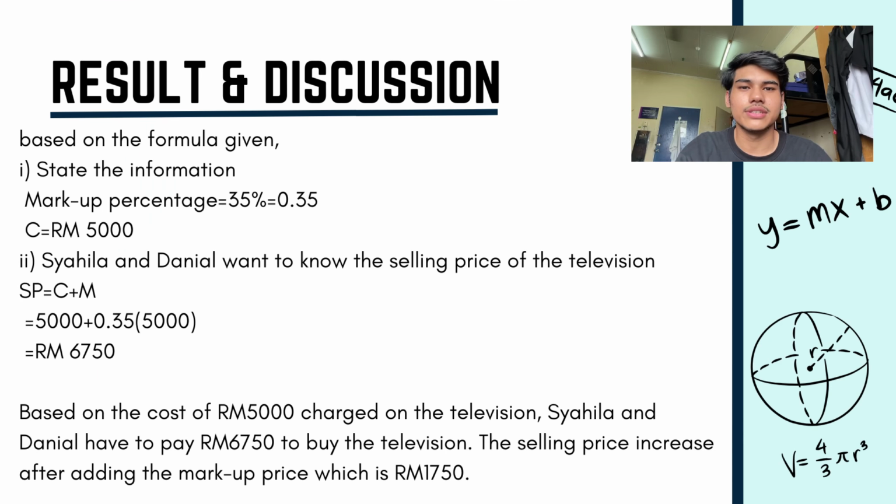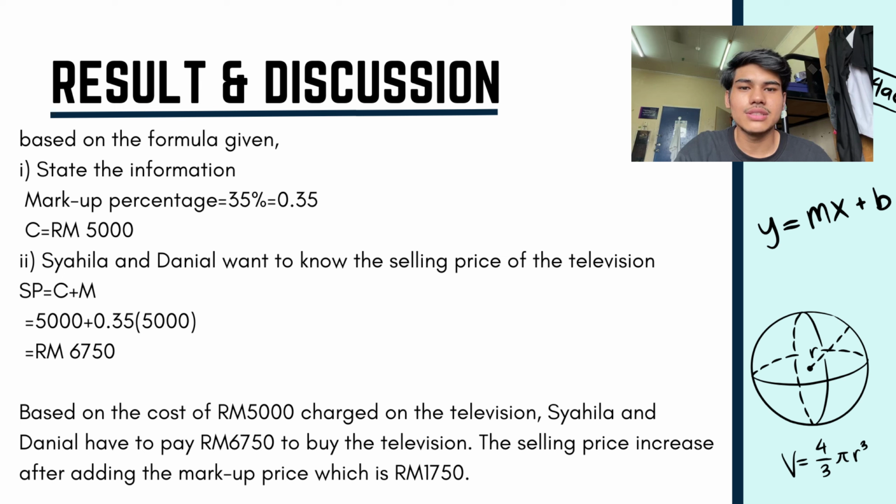Result and discussion. Based on the formula given, question number 1 is to state the information. The markup percentage is 35% and the cost is 5,000 ringgit. Question number 2: Shahila and Daniel want to know the selling price of the television.